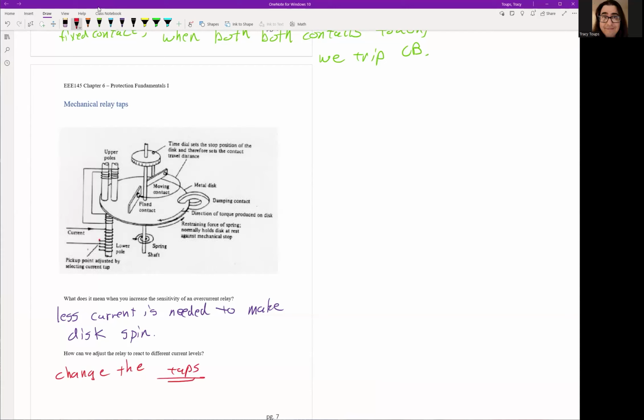These things right here. These 5 dots right here are positions called taps. And we could change the wire to different points or different windings. And then what it'll do is change our N ratio here. Okay, so changing the taps can alter the strength of the magnetic field.